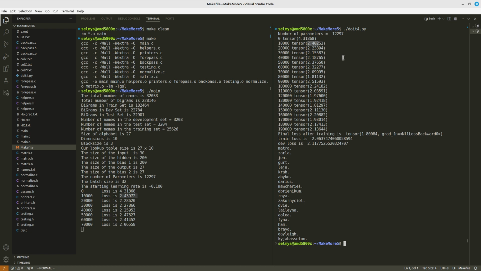In the meantime, let's look at some of the answers from the Python program. You can see that the training loss was 2.06 and the development loss 2.11. You can see some of the names, not too bad. Matra or Zarla, Leia, Darius, Roya.